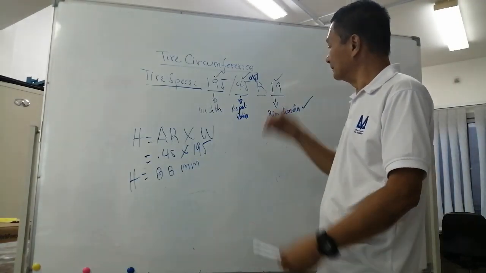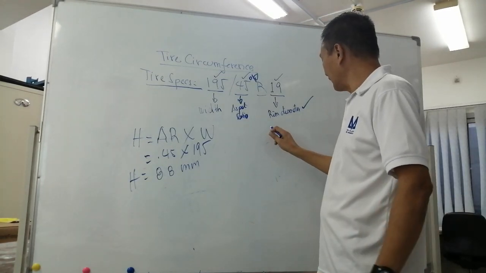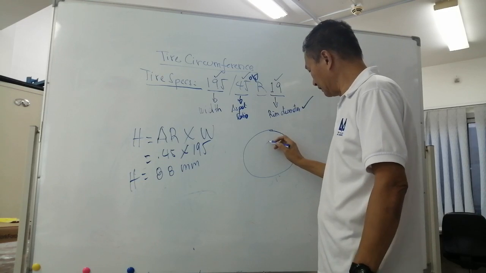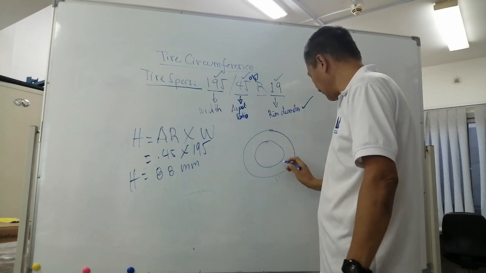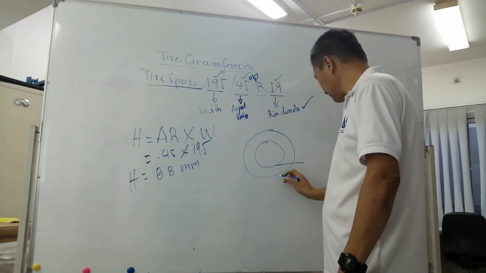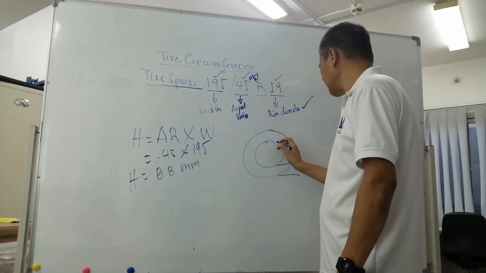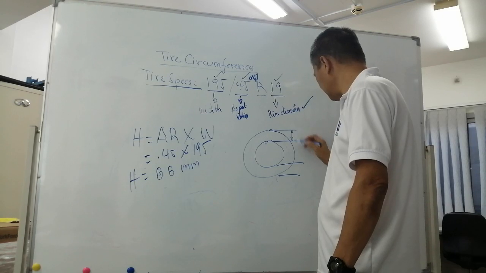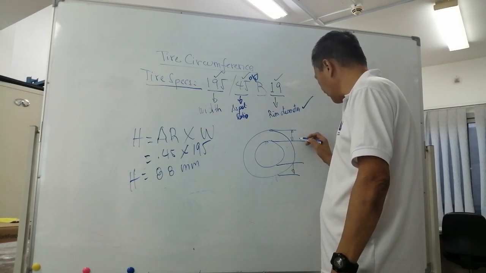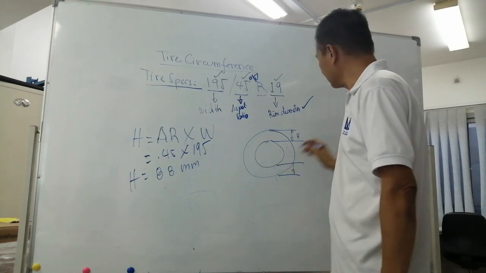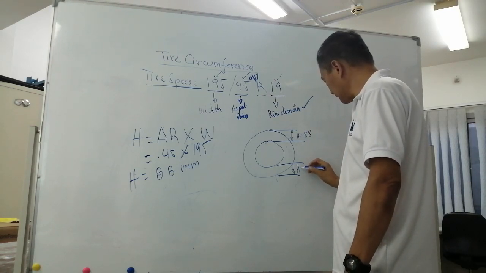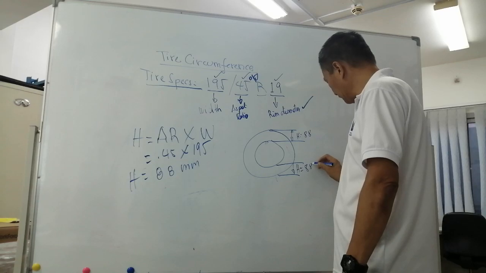Now, go back again to the rim or the tire. From this point to this point is your height, which is 88, and this is also 88.